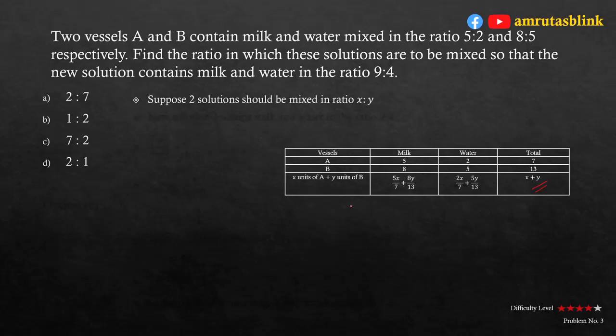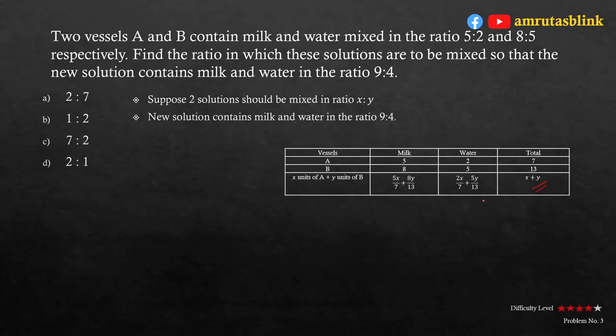Similarly, if we take y units of B, then it will have 8y upon 13 units of milk as well as 5y upon 13 units of water. So total, when we take x units of A and y units of B, the total quantity of mixture is x plus y, and in this x plus y, the quantity of milk will be equal to 5x upon 7 plus 8y upon 13. Similarly, the quantity of water will be 2x upon 7 plus 5y upon 13.